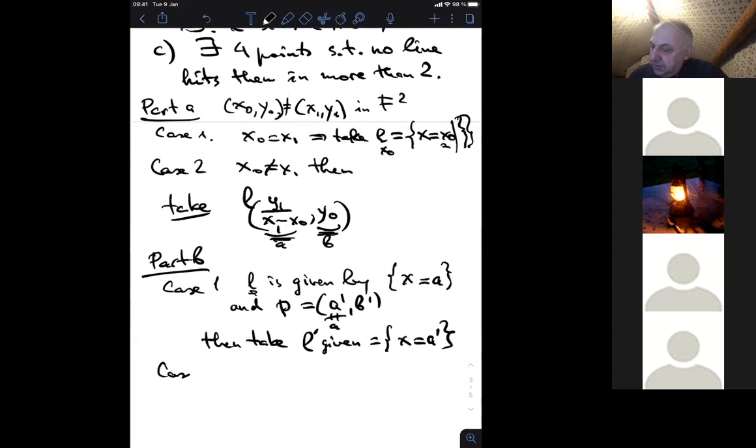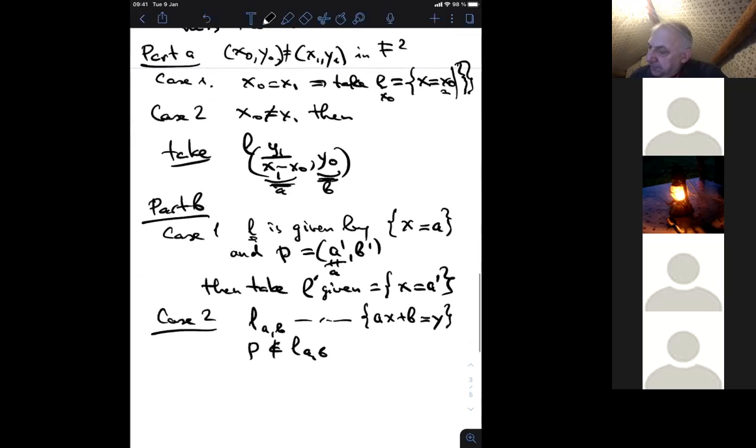And case 2, if we have L_{A,B}, this line is given by ax plus b equals y. And say P does not satisfy this equation.